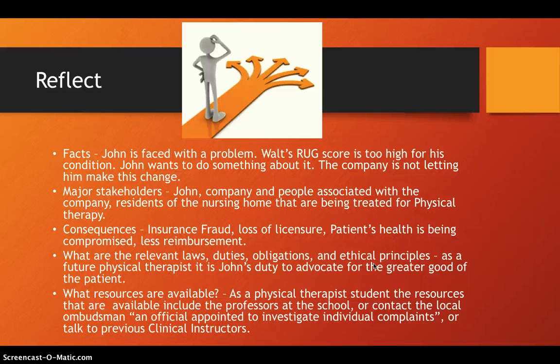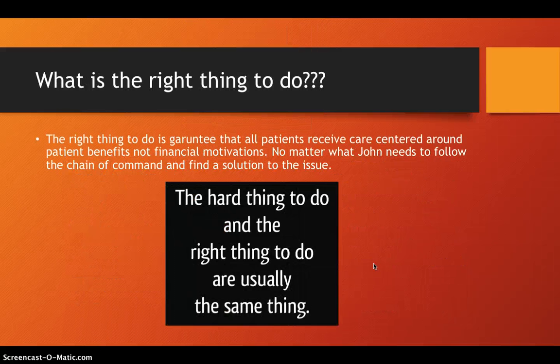That's something to really keep in mind. So what is the right thing to do? The right thing to do is definitely make sure that we aren't thinking about ourselves. We are looking at patient care, and we're doing what is best for the patient, and that we're not taking advantage of the system, and really, insurance fraud.